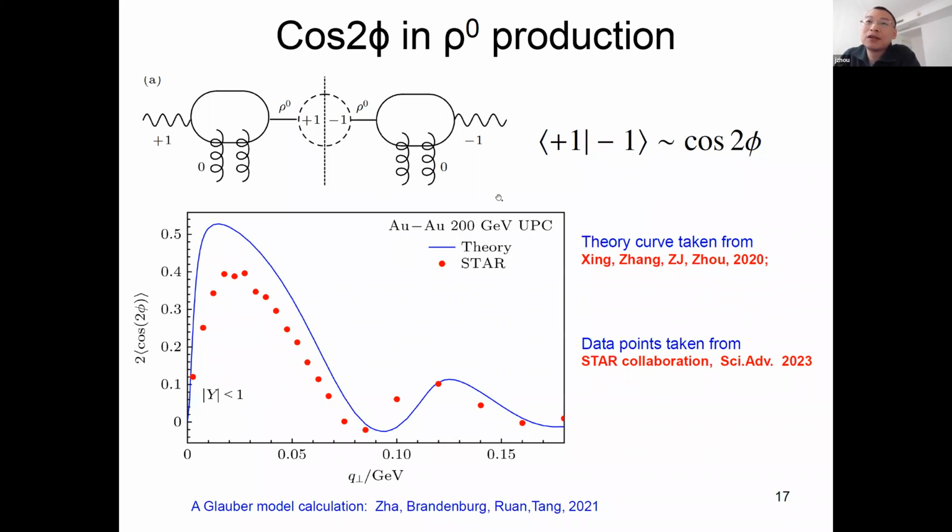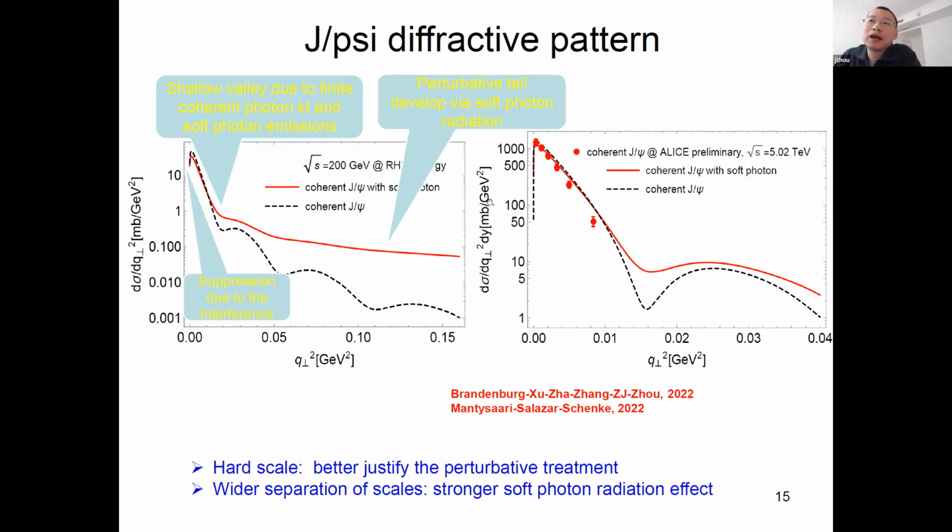Yes. Actually, I didn't show plots for the asymmetry in J/psi production, but yes, we also computed the cosine 2 phi asymmetry for diffractive J/psi production. The asymmetry for J/psi production is quite different from rho. So for rho decaying to pions, the asymmetry, for example, changes sign. It has the v2 with the opposite sign.